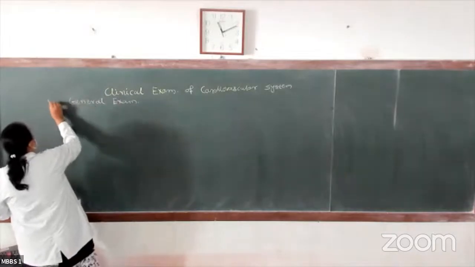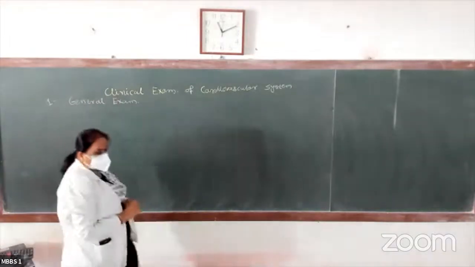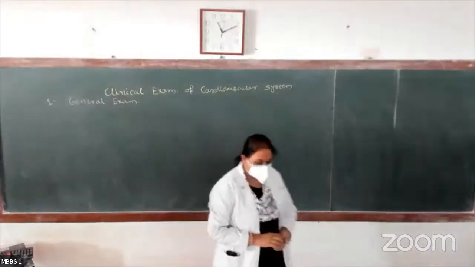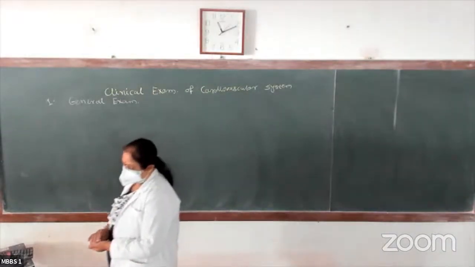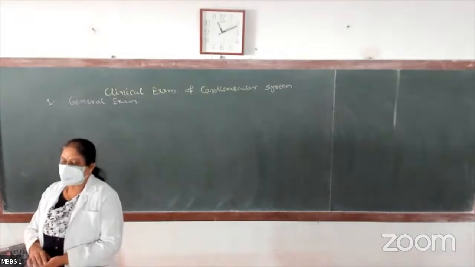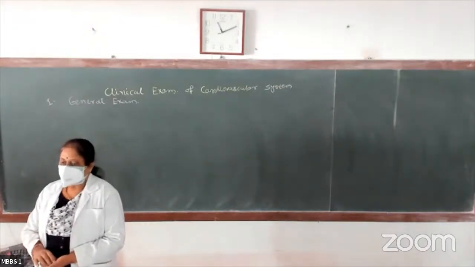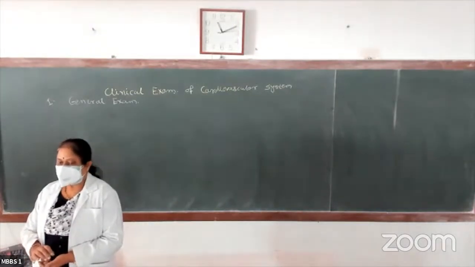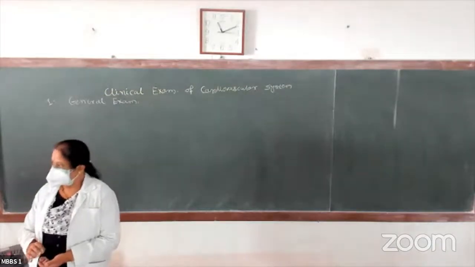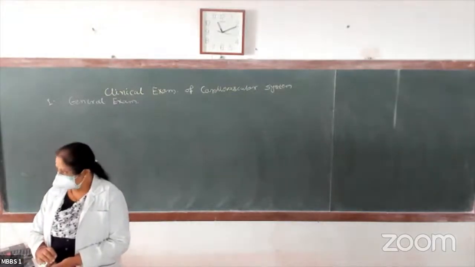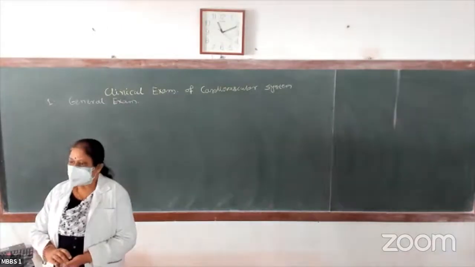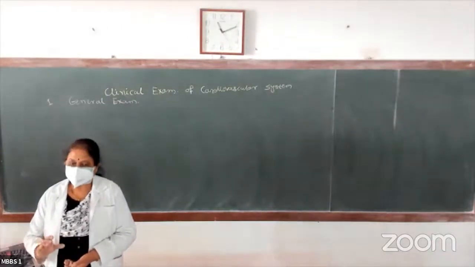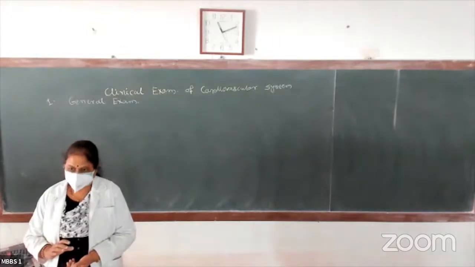In the general exam, the first point we have to check is the build of your patient. So what is the build? Build is the proportion of the height and weight. It is the average skeletal structure of the subject. So you have to see the height and weight of your subject.